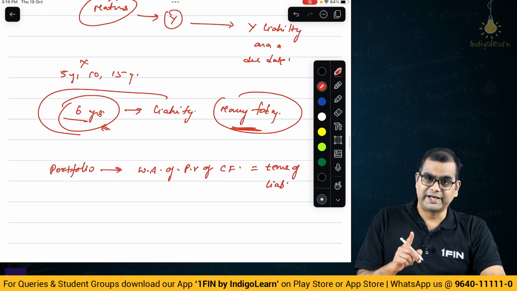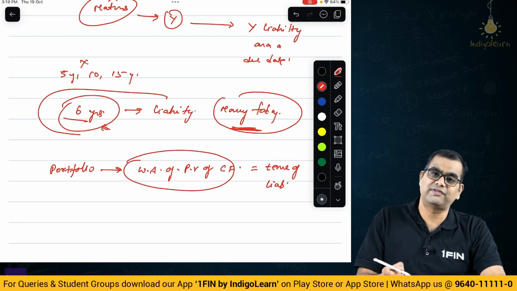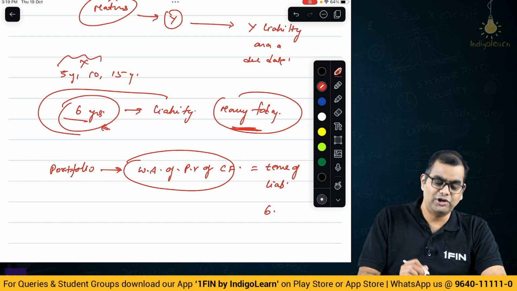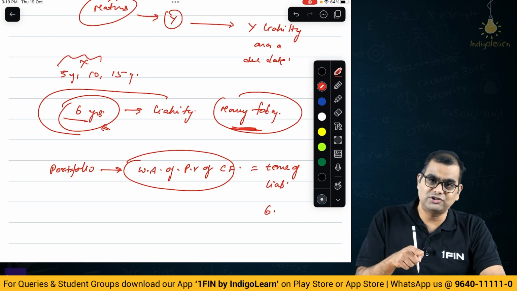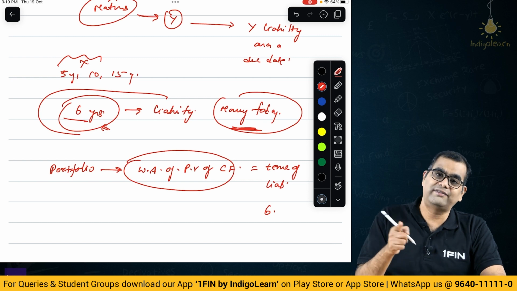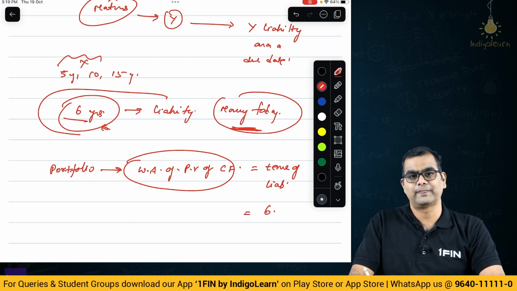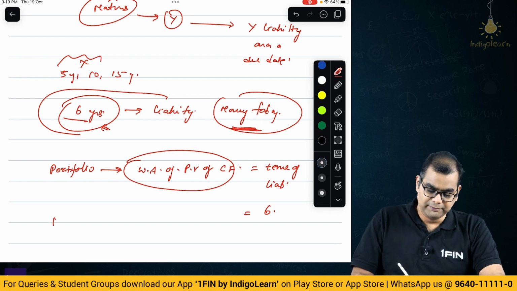So you will create a portfolio of bonds whose weighted average of the present values of the cash flows is exactly equal to 6 years. And if such a thing happens, this whole process is called immunization. It is called immunization.